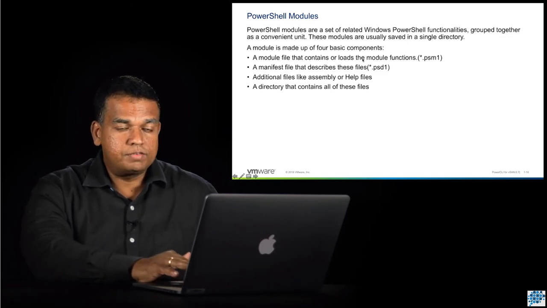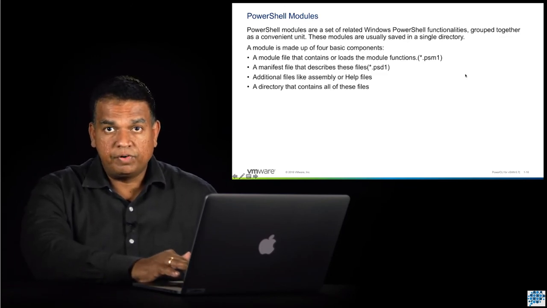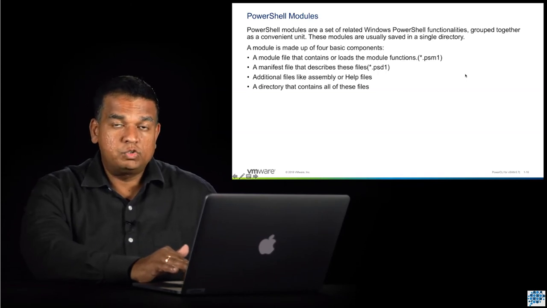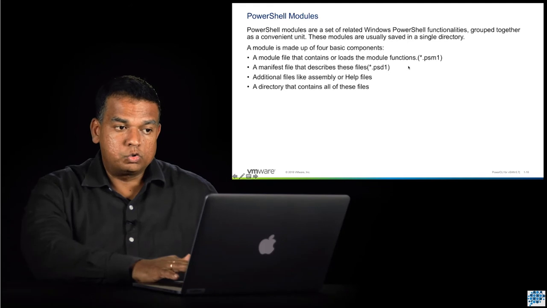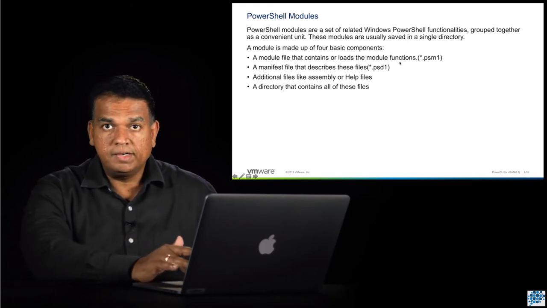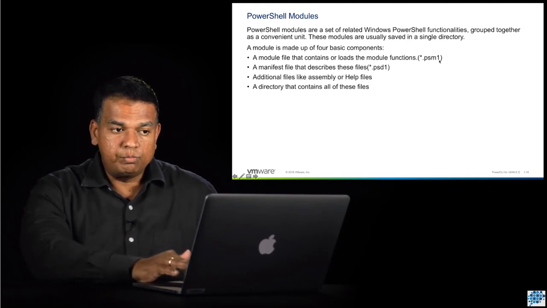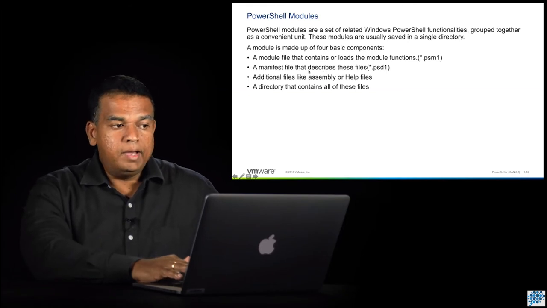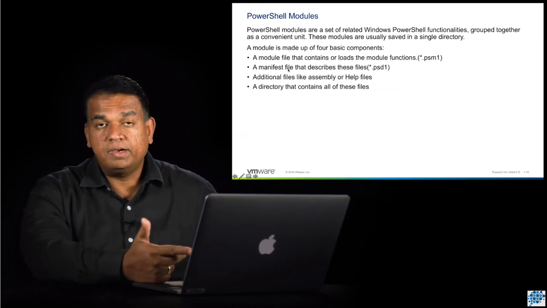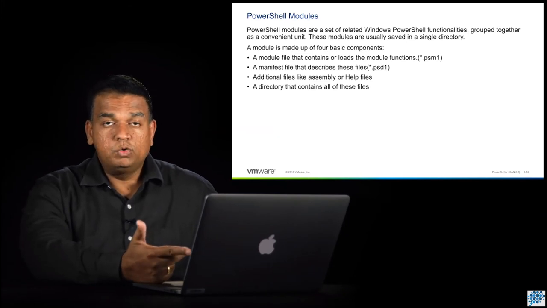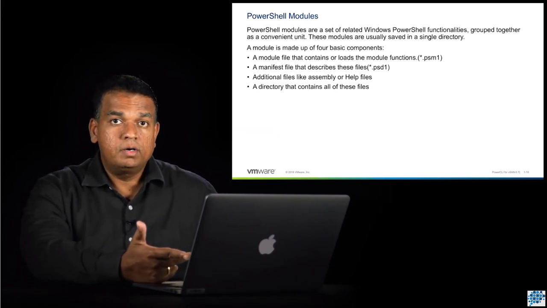It consists of something called a .psm1 file. The .psm1 file is actually the file which contains all the functions in your module. So all your module functions are contained in the .psm1 file. And you also have a manifest file, which is basically a metadata file which provides a description of the module.